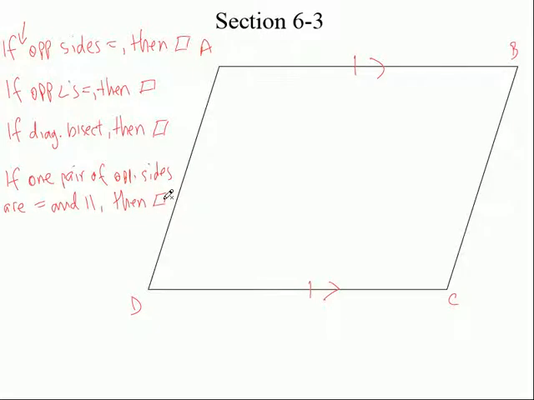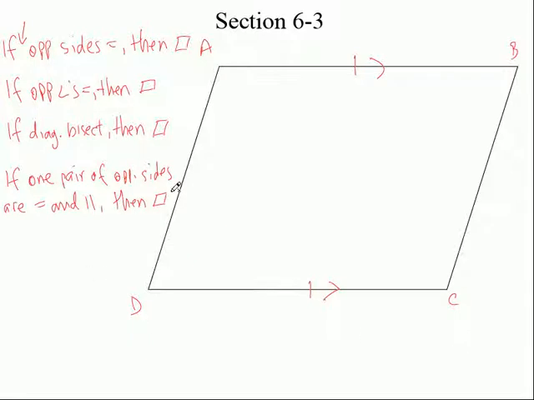Then it's a parallelogram. Okay? That's a little different than what we had before. So if I can just show that one pair of opposite sides are both equal to each other and parallel to each other, that's enough to say that this thing is a parallelogram.